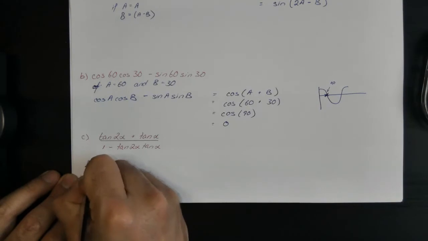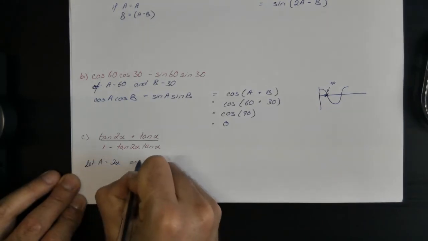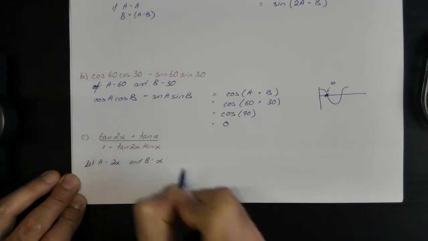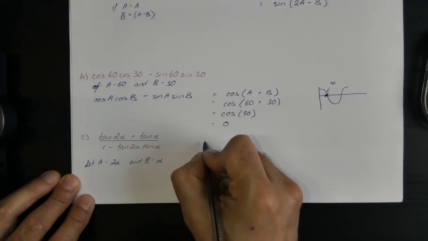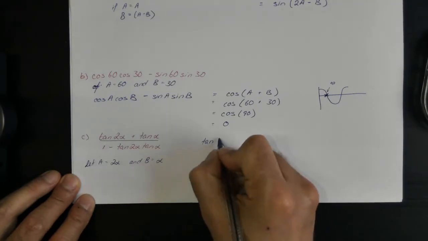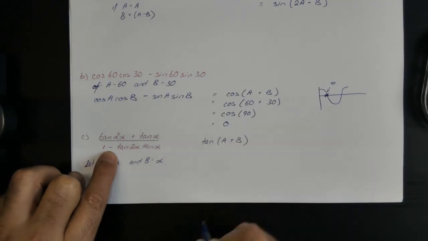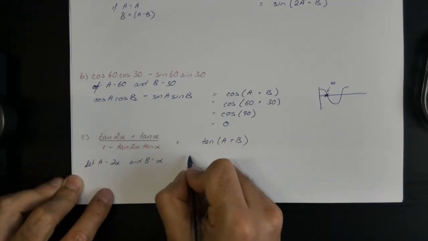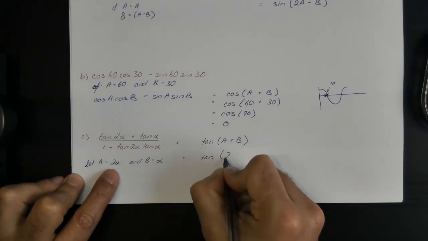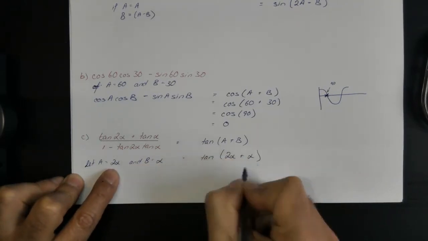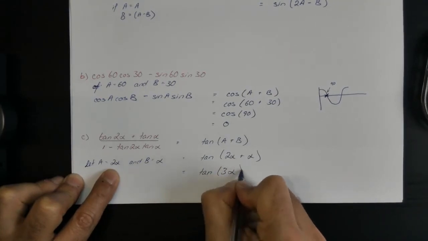Here, let A equal 2 alpha and B equal alpha. We've got tan, and it's a subtraction, so A plus B. Tan of 2 alpha plus alpha must be tan 3 alpha.